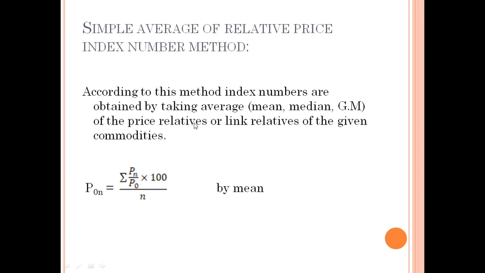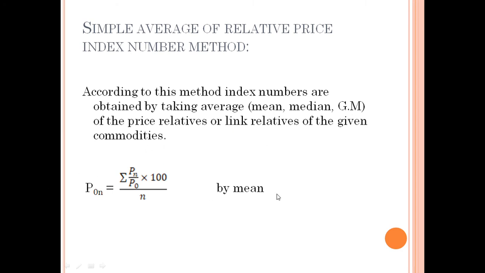It can be done by both methods. In the fixed base method, this is price relative, and if you are using the chain base method, you will find link relatives and then take their averages of the given commodities.